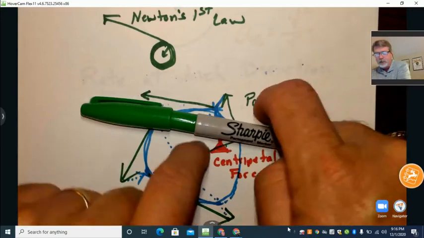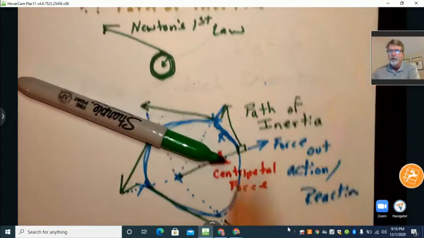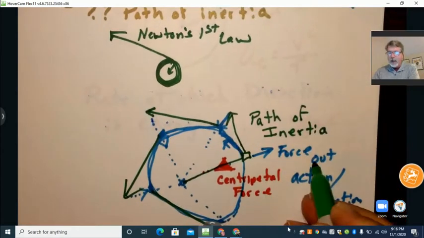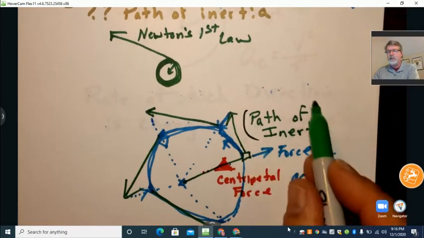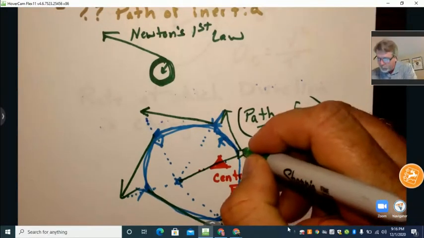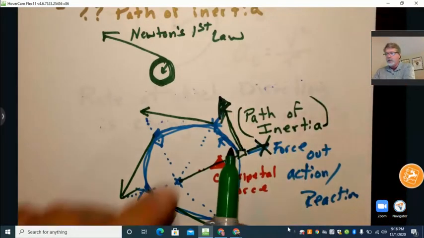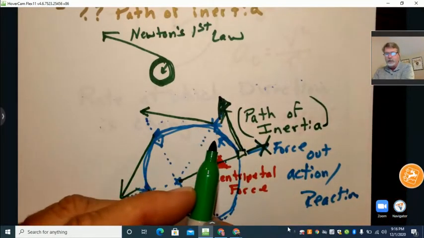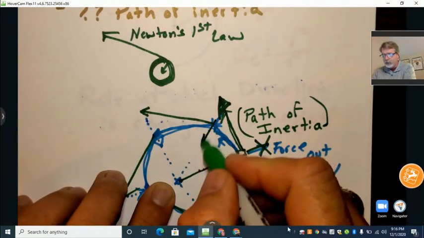If I spin it up here, the cap flies off somewhere over here. Why does the cap fly out? There's no force actually going out. That's the path of inertia. The cap flew in a straight line, its path of inertia, because there wasn't enough friction between the cap and the pin to keep the cap pulling in.